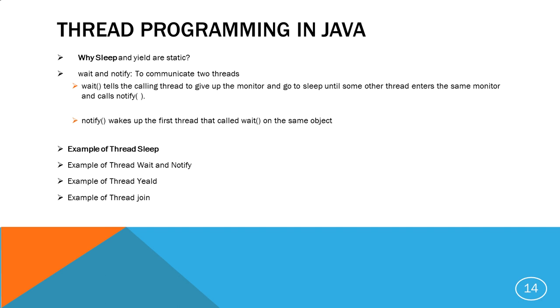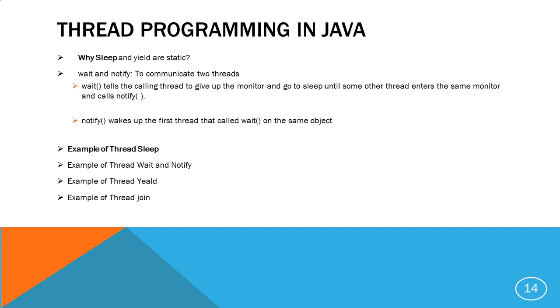Wait and notify are required when you are trying to communicate from one thread to another thread. Suppose there are two threads, one printing odd numbers and one printing even numbers. You want to print the first odd number, then the second thread prints the even number, then the first thread the next odd number.